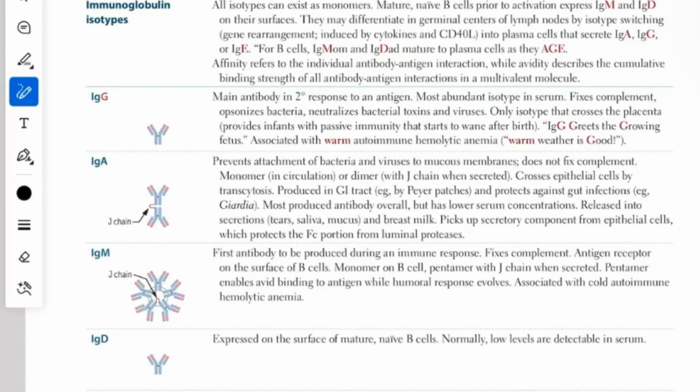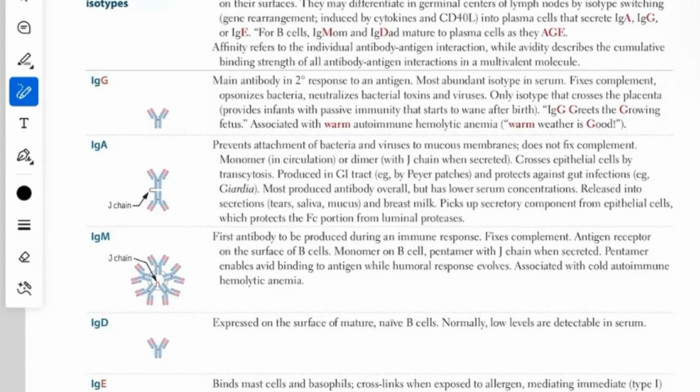Okay. So now moving on, you have the immunoglobulin subtypes. Remember, we have 5 of them from the mnemonic GAMED. So we have IgG, A, M, E, and D. The naive B cell, prior to activation, is expressing both M and D on its surface, and particularly immunoglobulin D will act as an antigen receptor on the B cell, right?